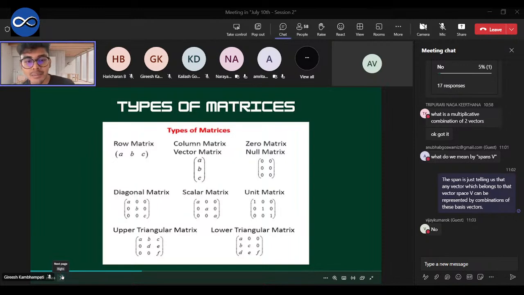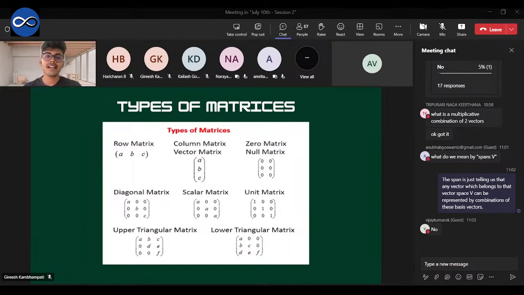Similarly, we have the lower triangular matrix, where all the elements above the diagonal are 0, and those below the diagonal, including the diagonal, are non-zero. These are basically the types of matrices. It's just some convention that we use. They're just names. Yeah, next slide.